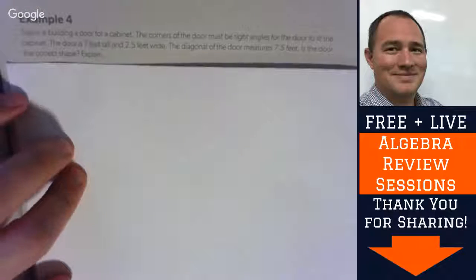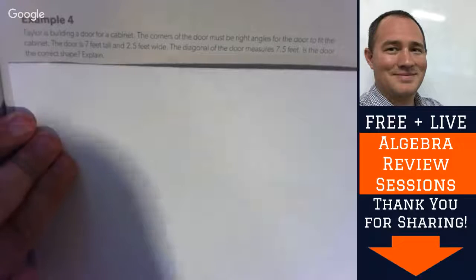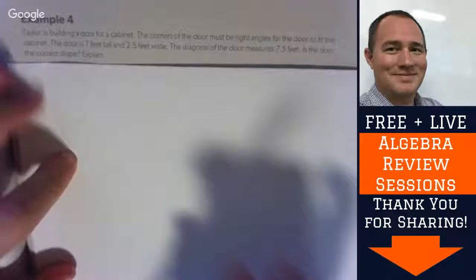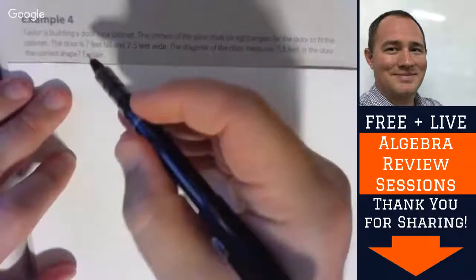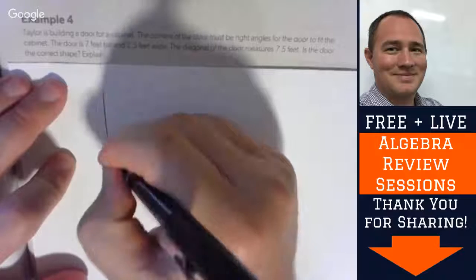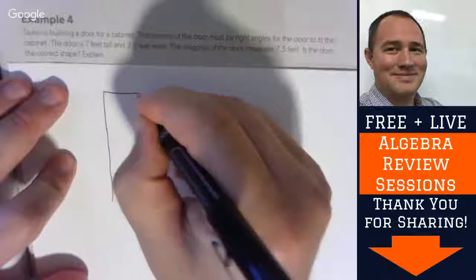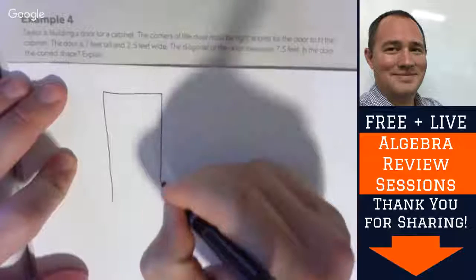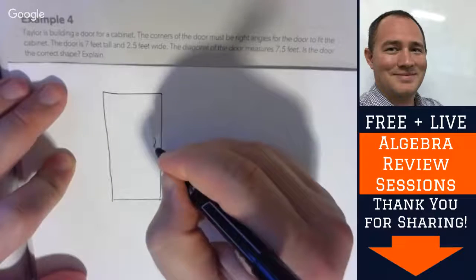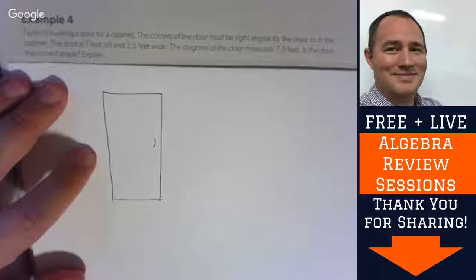Okay, so let's draw a picture of this. And I don't know why it's a kitchen. This is talking about a cabinet, maybe like an armoire or a closet. If it's 7 feet tall, I don't think I've seen anything like that in my kitchen. Okay, so we have this door. If you want to put a handle to visualize it better, that's fine. So that's our door.